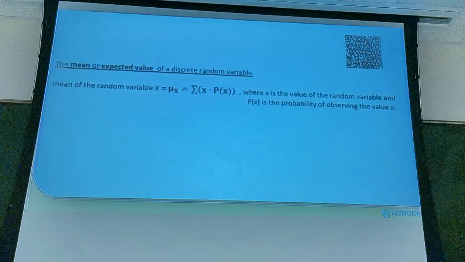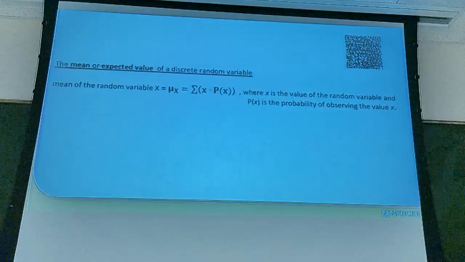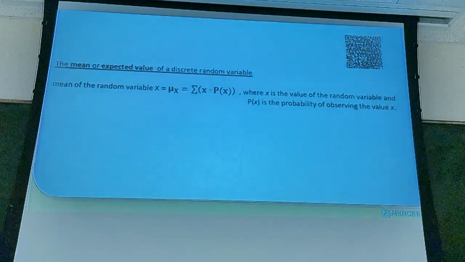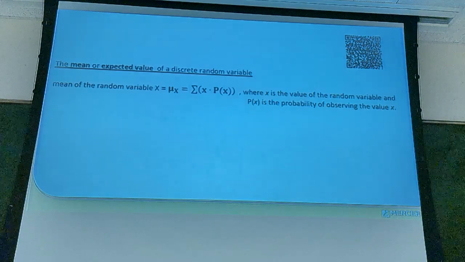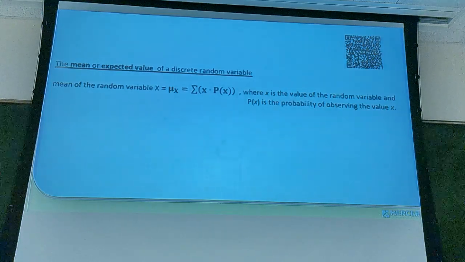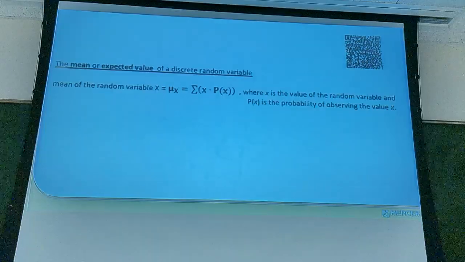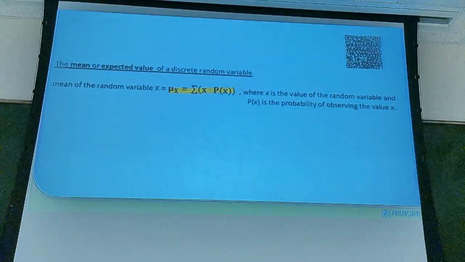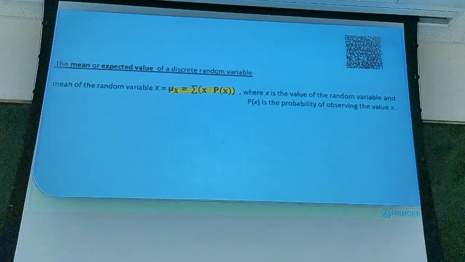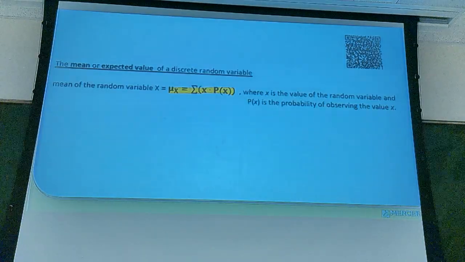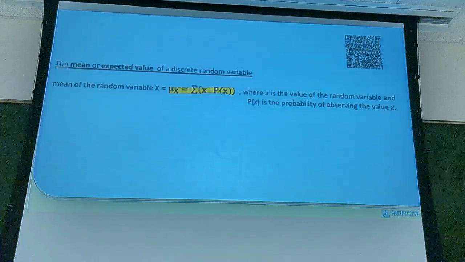There are two ways to denote expected value or mean. The first is using a notation I'm familiar with, mu. Mu sub capital X means the mean of the distribution of X. And again, this is only for discrete random variables. It's the summation of X times its probability. Take each value that the random variable can take, multiply it by its probability of occurring, and sum all of those up.